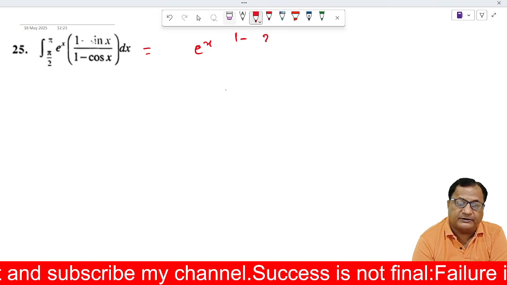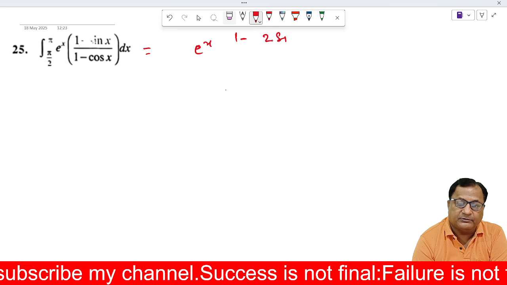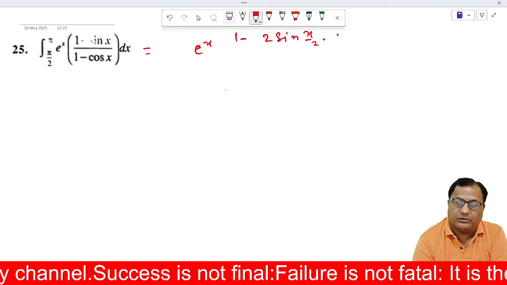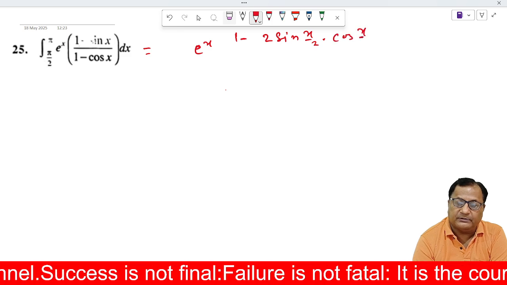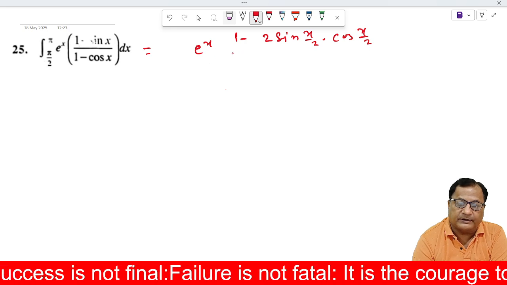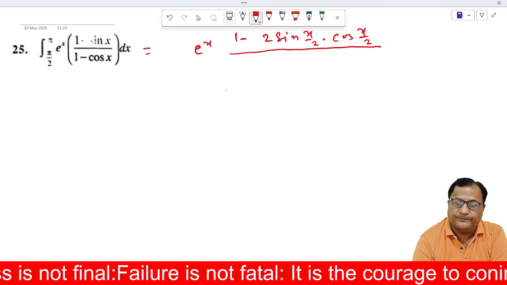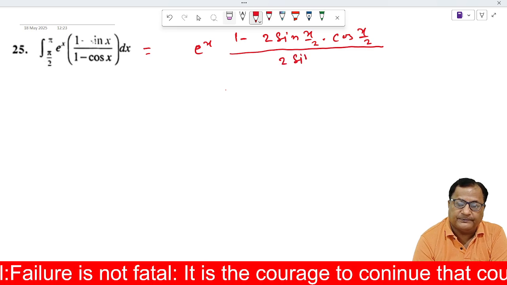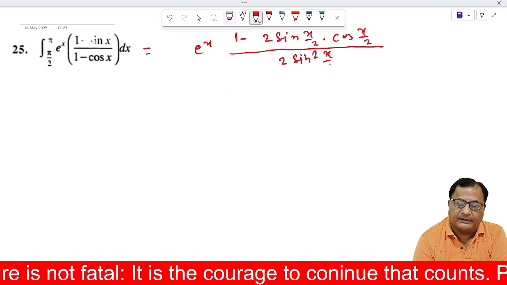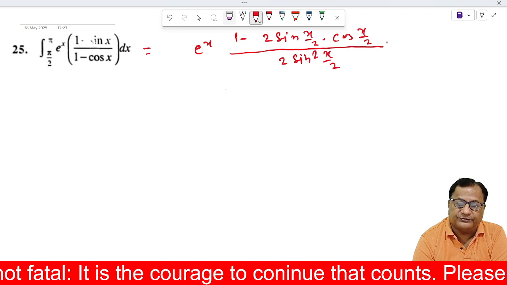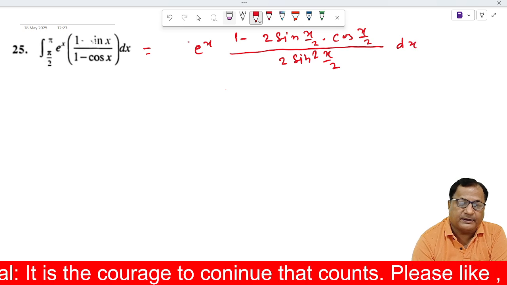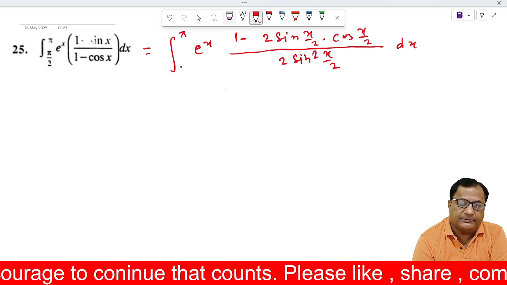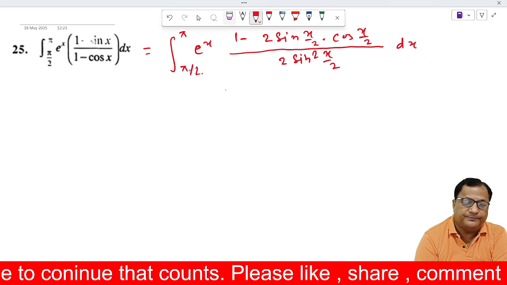Sin x we can write as 2 sin(x/2) cos(x/2), and 1 minus cos x we can write as 2 sin square (x/2). This is dx, and this is the integration from pi to pi by 2.